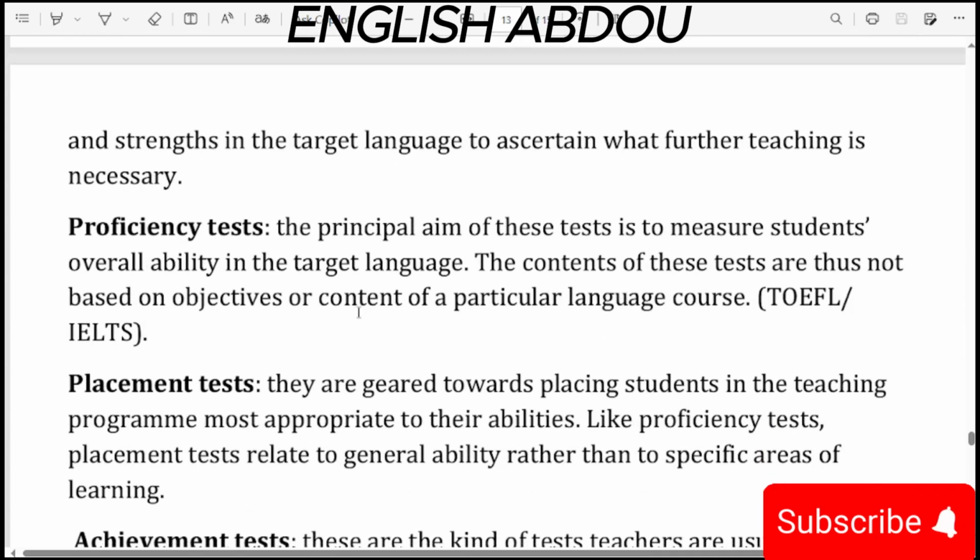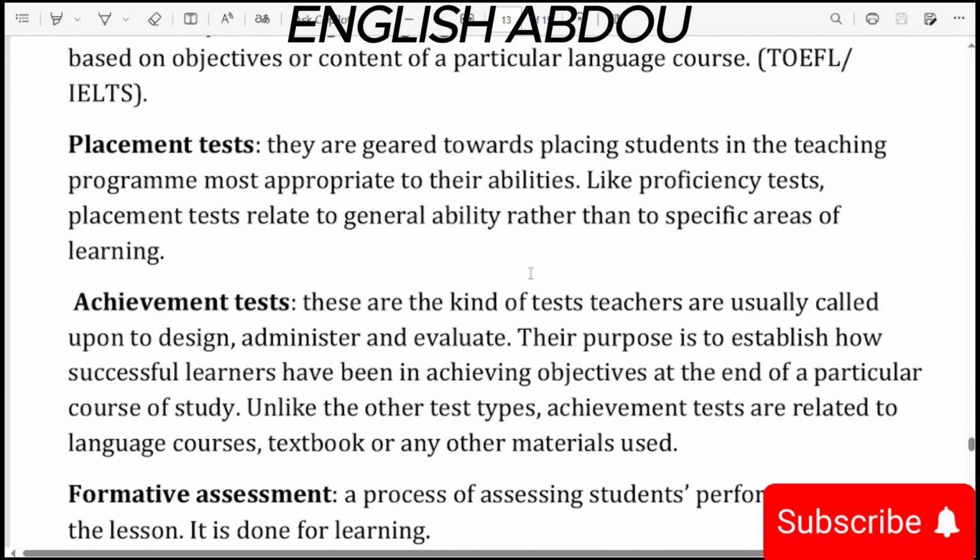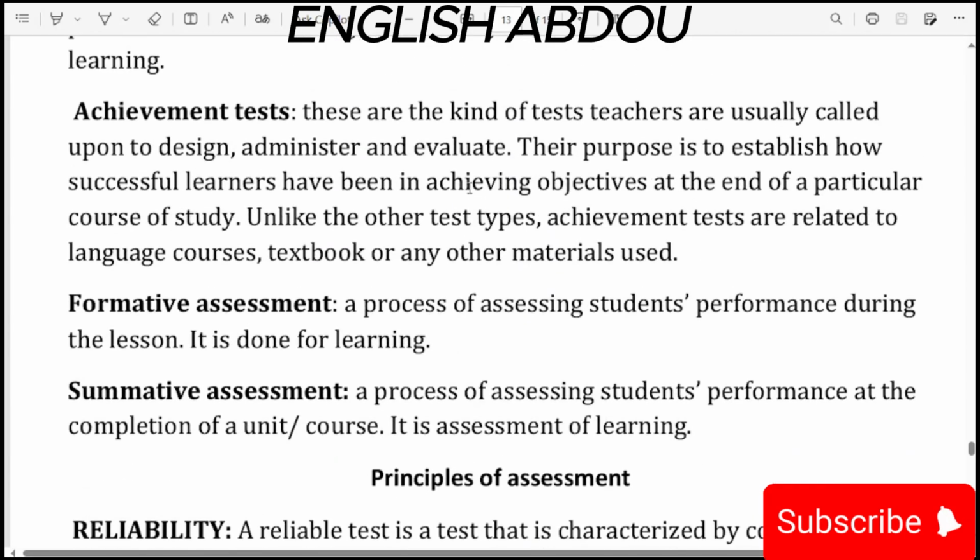Proficiency test, like TOEFL or IELTS, is about how well you have mastered the four skills: speaking, writing, listening, and reading. Placement test is about placing students in groups inside the class according to their abilities and level of study. Achievement test is about how much the students achieve from a course.